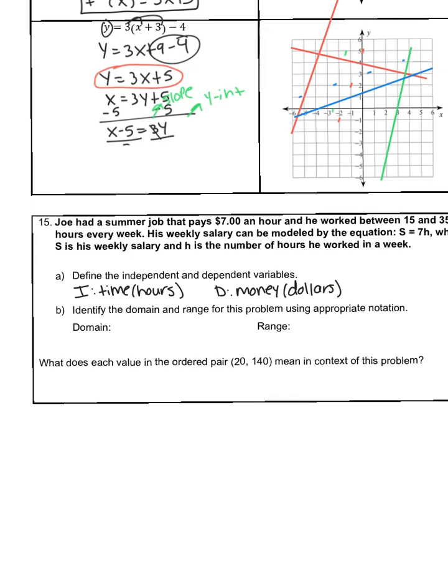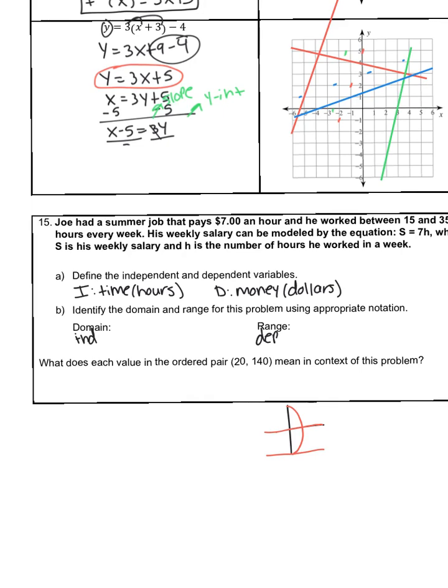Okay, so if you were to graph this, remember that your dependent goes on the x-axis. Sorry, dependent goes on the y-axis and your independent goes on the x-axis. So when I'm looking at domain, I'm looking at my independent variable. And when I'm looking at range, I'm looking at my dependent variable.